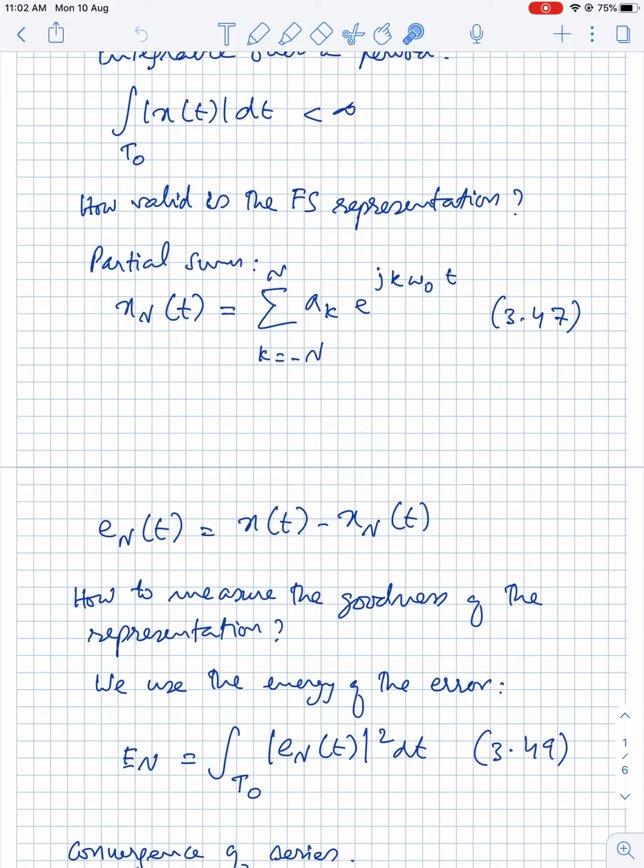This error could be like 0.001 or something, but if the sequence converges uniformly, the condition that the error is less than some constant is met at every t.